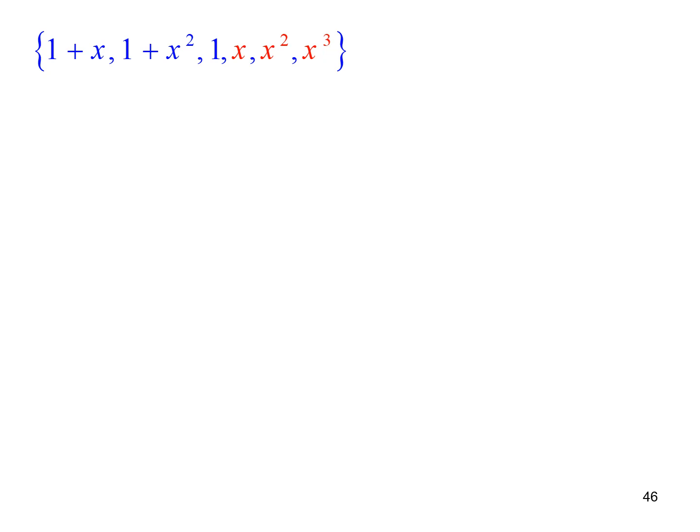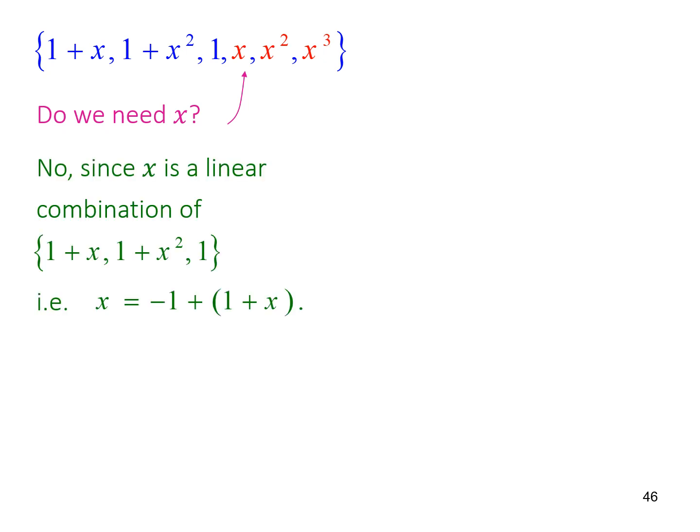Next, we have to decide, do we need x? We do similar steps, and we find out that we don't need the vector x, because we can construct x by using the previous vectors. It is simply x = -1 + 1 + x, which is a linear combination of the previous 3 vectors. So we don't need x.